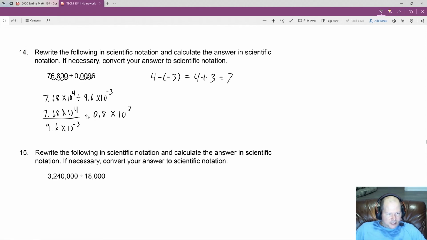It's not scientific notation because we don't have the decimal behind the first non-zero digit, so we have to move that over 1, right? And that is 8 times 10 to the negative 1 power. So this whole 0.8 is equivalent to 8 times 10 to the negative 1, and we still have 10 to the positive 7.